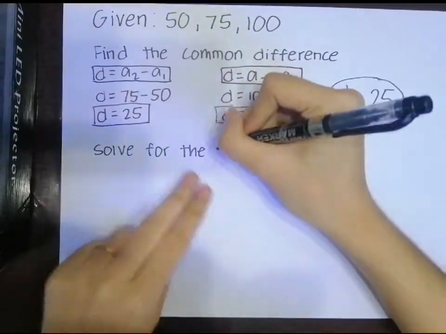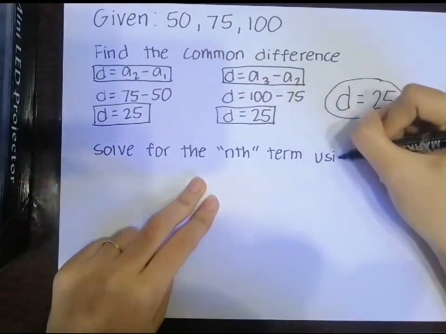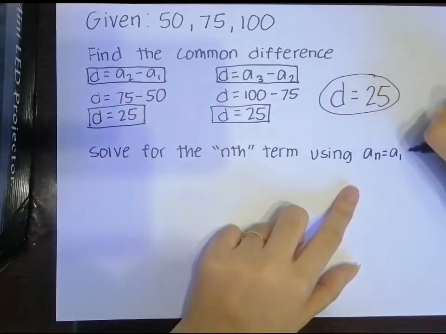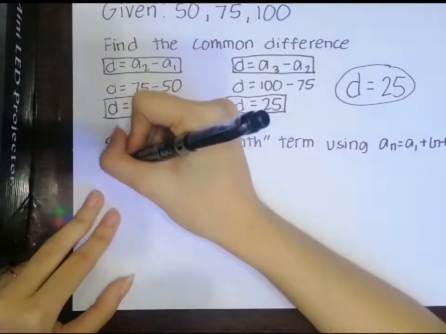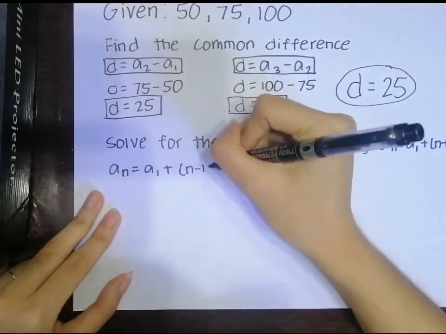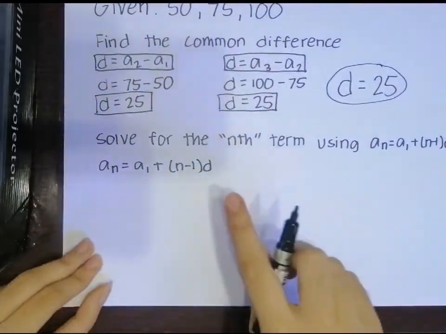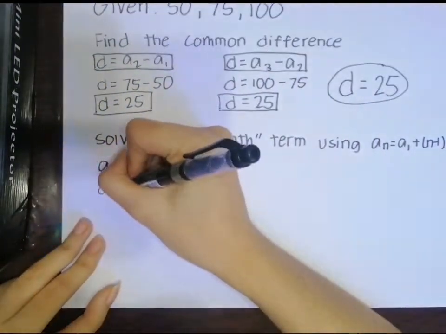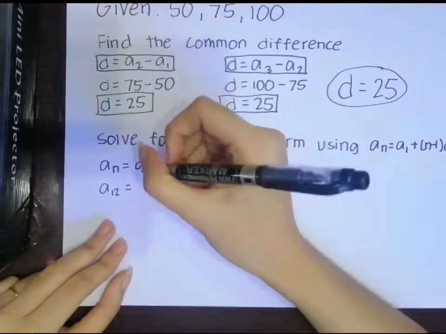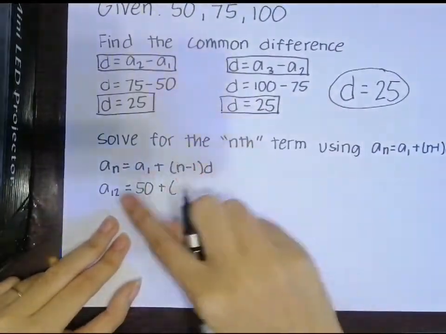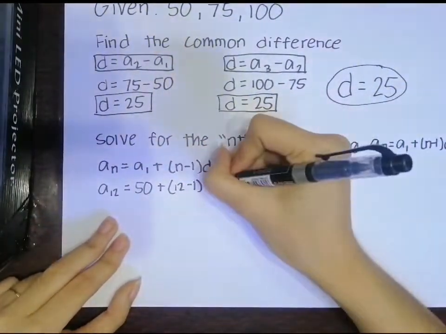After that, we will be solving for the nth term using a sub n = a sub 1 + (n − 1) times d. Let's substitute the n with 12, a sub 1 with 50, and d with 25.